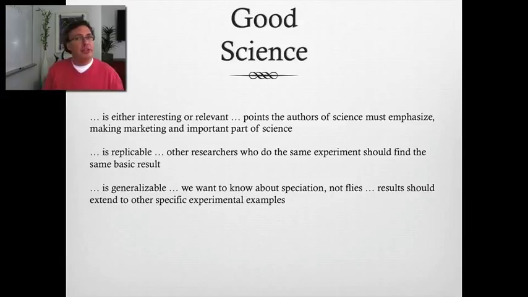So we might want to actually try it on spiders or on something else, do the same kind of experiment generally, and if we see the same result when we change aspects of the experiment, like the population or like how we measure things, then that makes us feel like this is a more general finding, something we can believe to be a general truth, that yes, speciation does seem to reflect changes in environmental conditions. So these are other things, and you'll be able to play with some of these in that project.